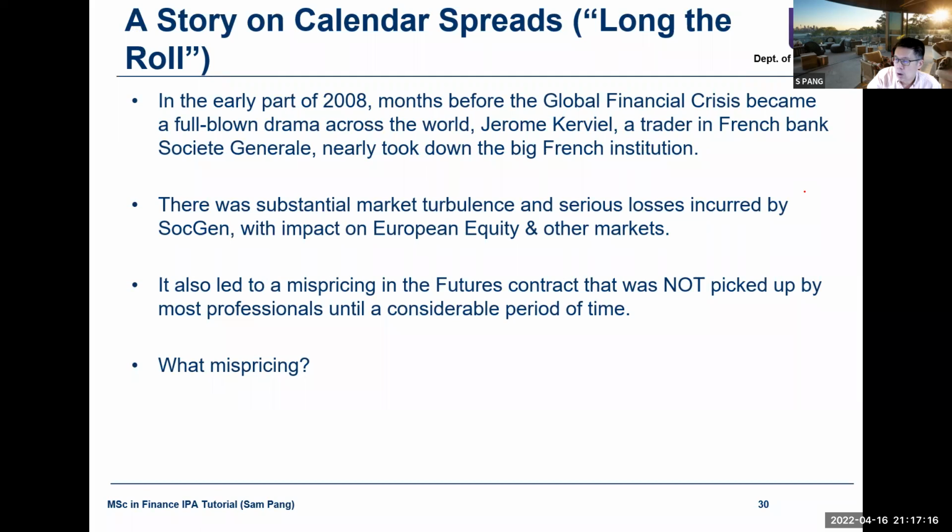Everyone knows Soc Gen blew up in January 2008, but not many people know this true story. I've actually met some of the traders who were involved in this incident, and I will explain to you what happened.